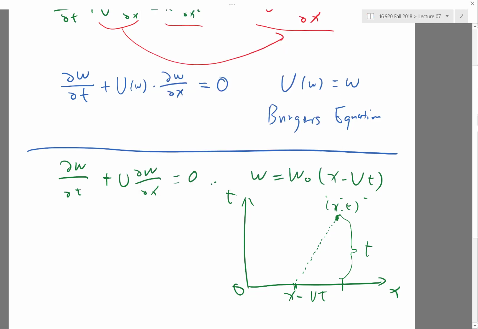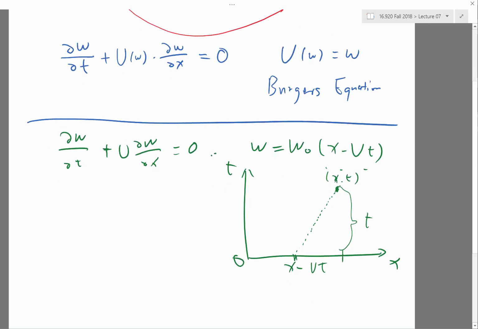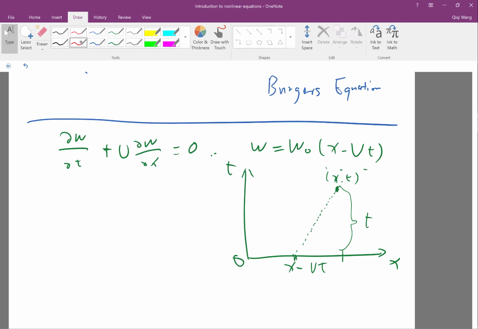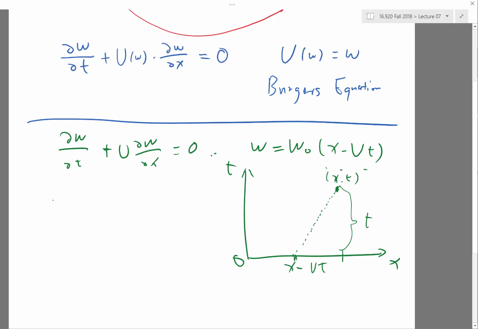So basically, if you have the blue equation, plus u of w, it's the same thing except u is now a function of w.